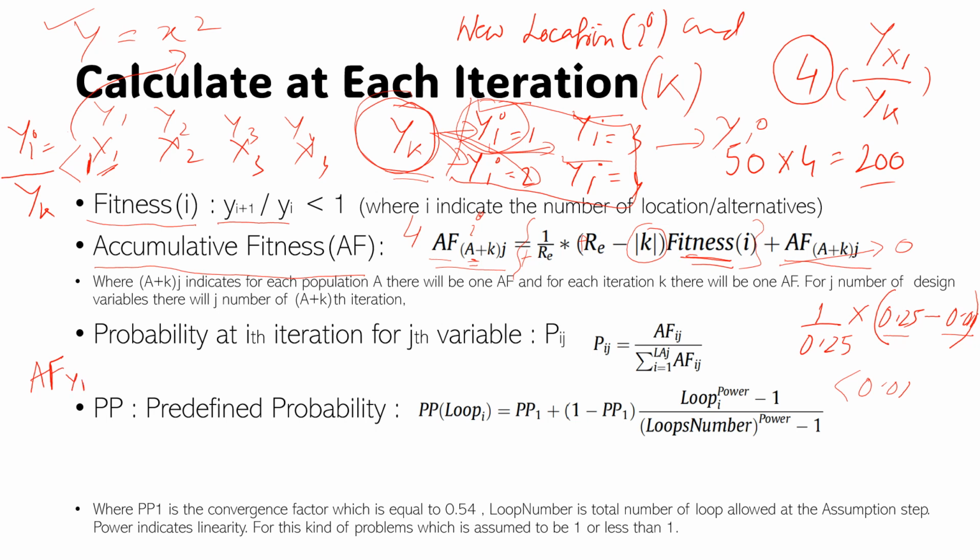So there are 4 F, okay, and this divided by 4 into F. That means F at y is equal to 1 plus F at y is equal to 2 plus F at y is equal to 3 plus F at y is equal to 4. If you generated 6 population, then it could have been F y is equal to 5 plus F y is equal to 6, correct?